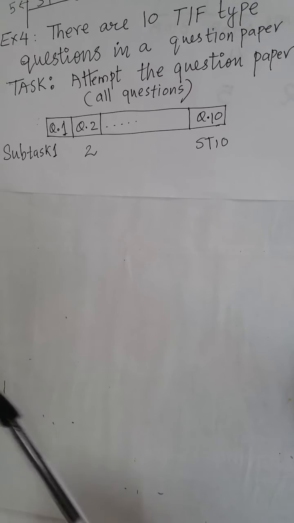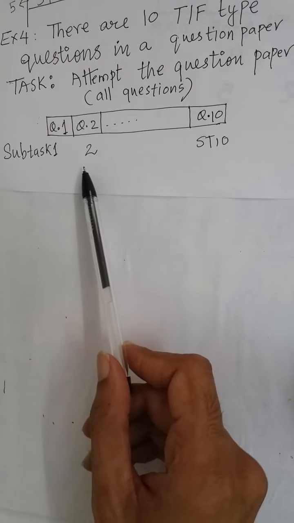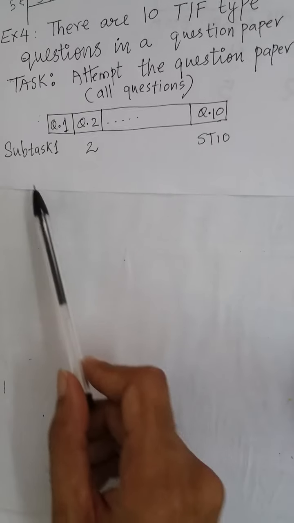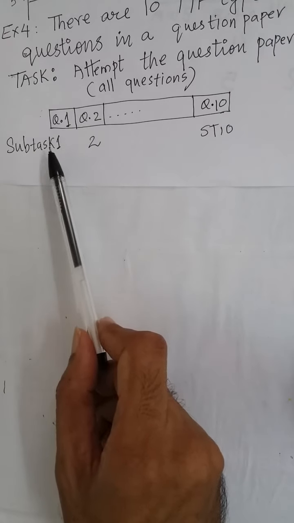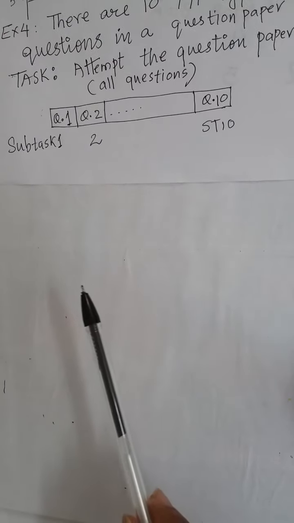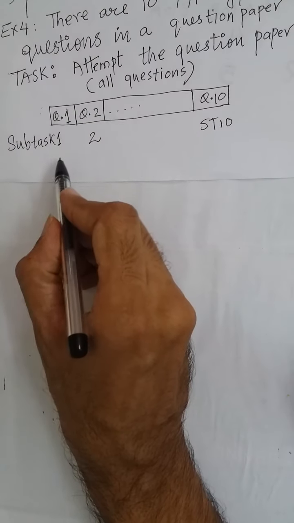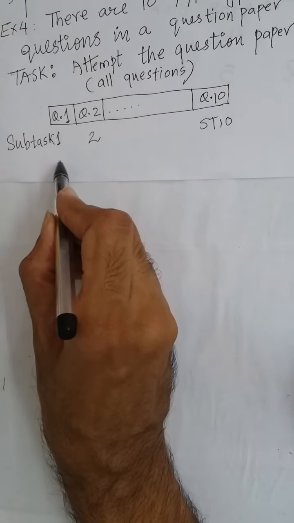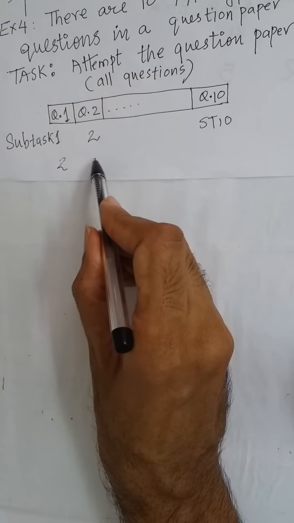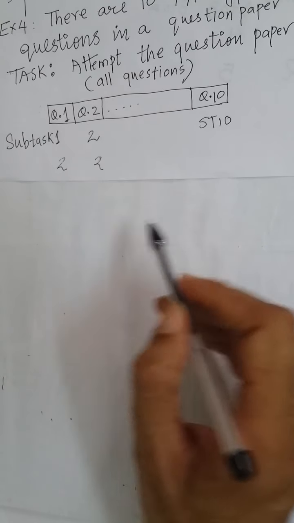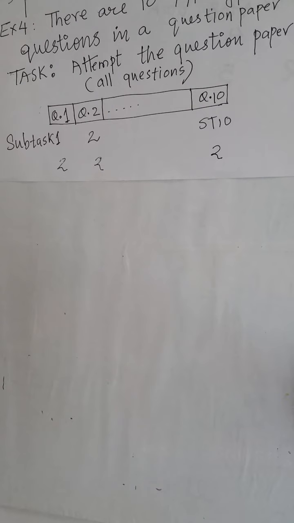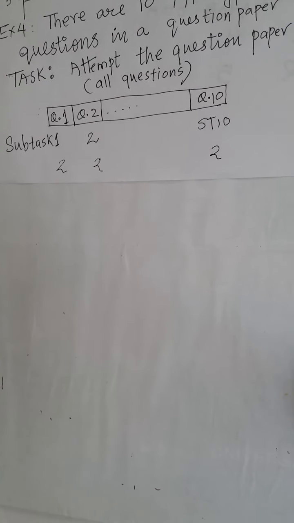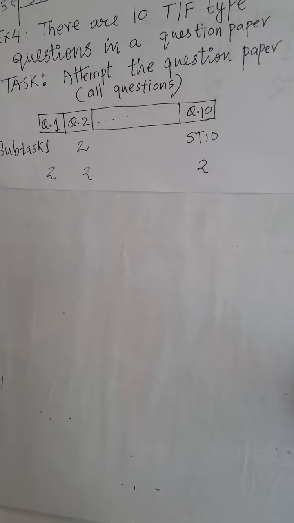Now if the question is how many ways each question can be attempted, how many ways each subtask can be attempted would be what? So clearly we have 2 choices, which is true or false. For subtask 2 also we have 2 choices. For subtask 10 also we have 2 choices.